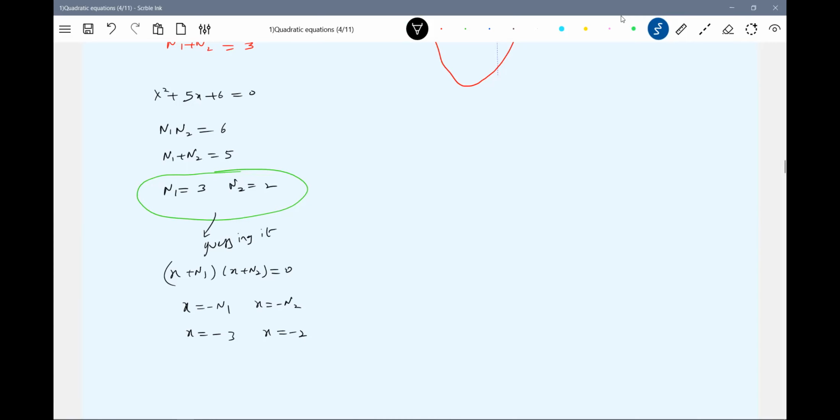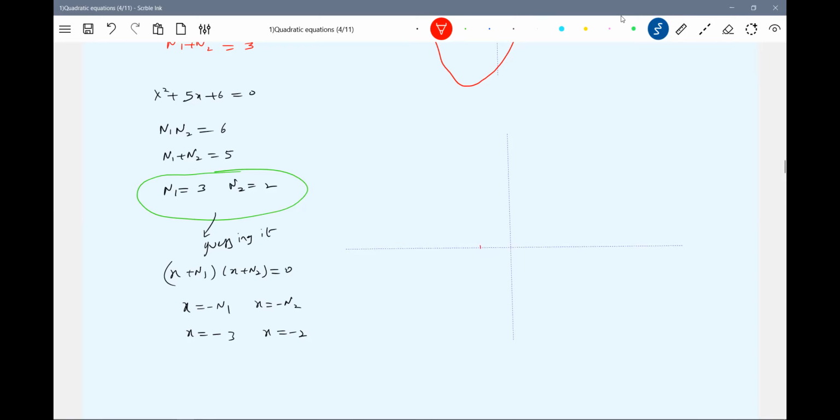So what does it mean? Again, the curve. If you go for plotting of this one, x square plus 5x plus 6, I had to make a guess. Some of this may be rough, not exact, because I don't have time to show it exactly, but I know the points of intersection. I'm very sure they are minus 2 and minus 3.